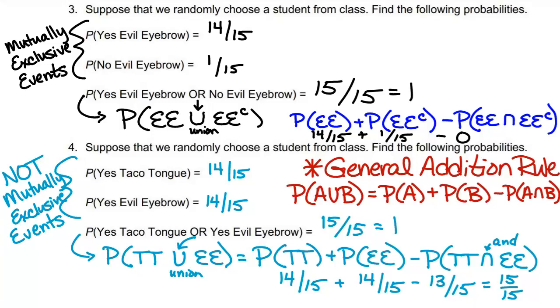If you knew the union and you knew the probabilities of both events, could you determine whether or not they were mutually exclusive? Yeah, you're going to be able to work backwards and find what the intersection would have to be.